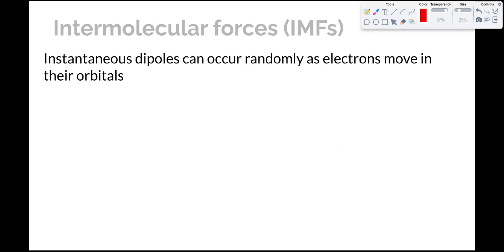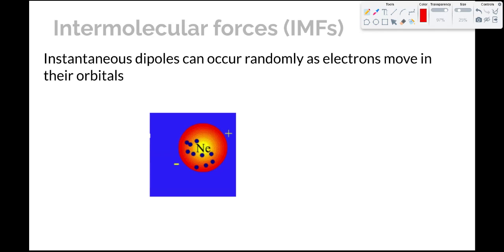As the electrons are constantly randomly moving around within their orbitals, for an instant, a dipole could be set up if the electrons happen to be on one side of the atom just randomly rather than on the other side. That's called an instantaneous dipole because it only happens for an instant. Might look something like this.